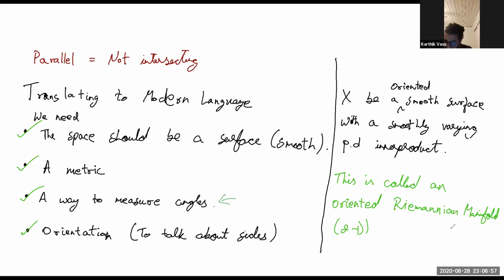So in these Riemannian manifolds, my quote-unquote lines will be geodesics. Geodesics are, let's say, length minimizing.